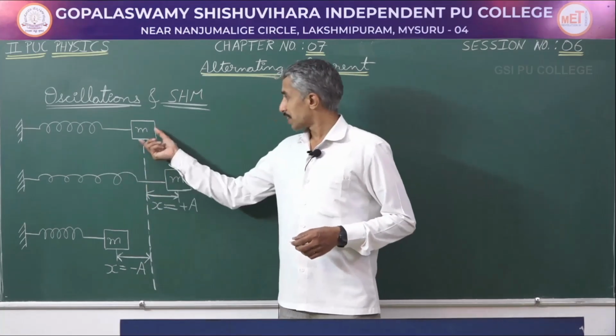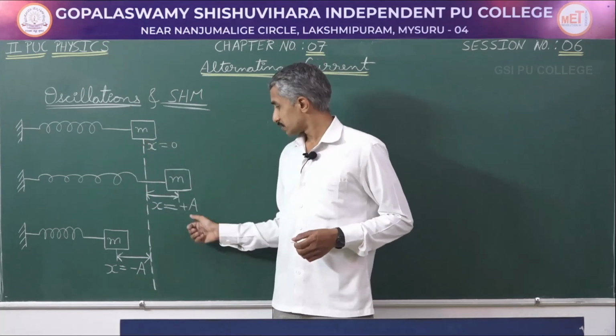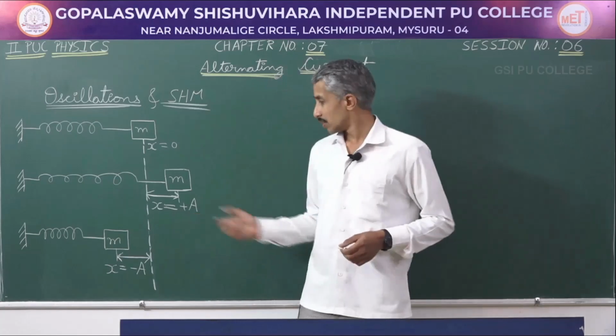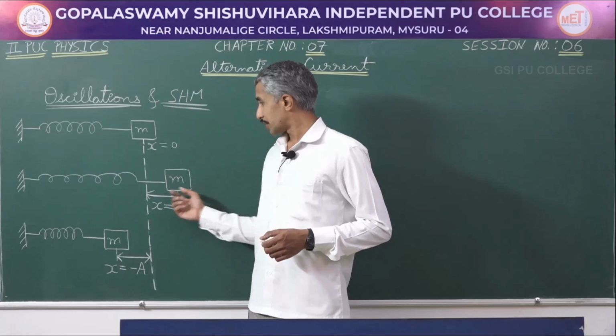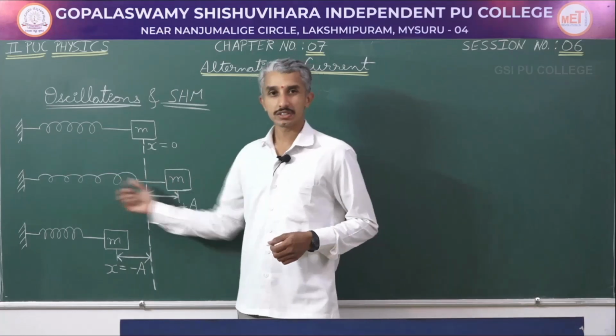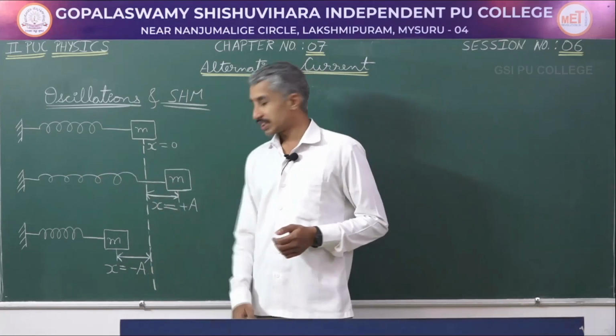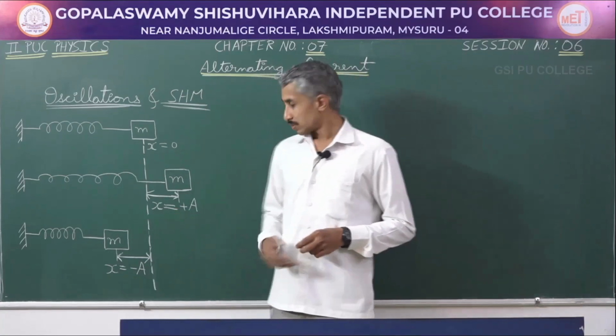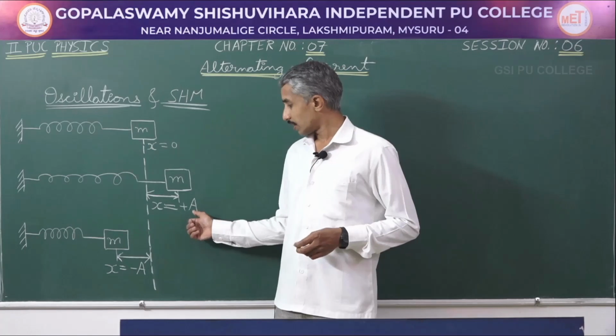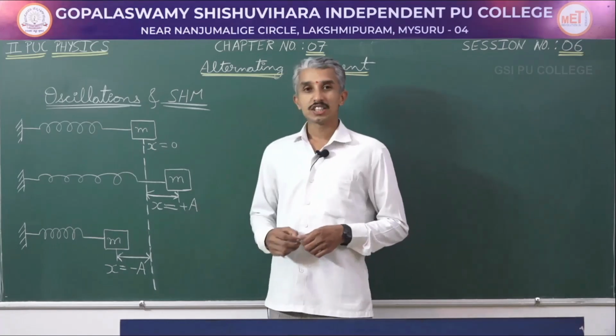Now, I am going to pull the mass by an extent which is equal to plus a, and if I release, this spring mass system oscillates between minus a and plus a. Plus a and minus a are the extremes of the value x. I call a as amplitude.